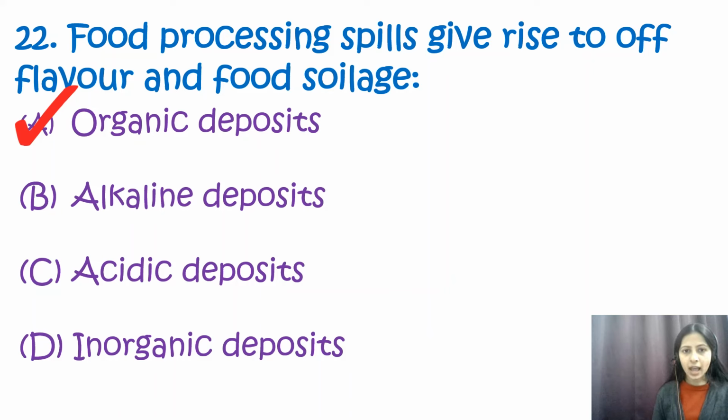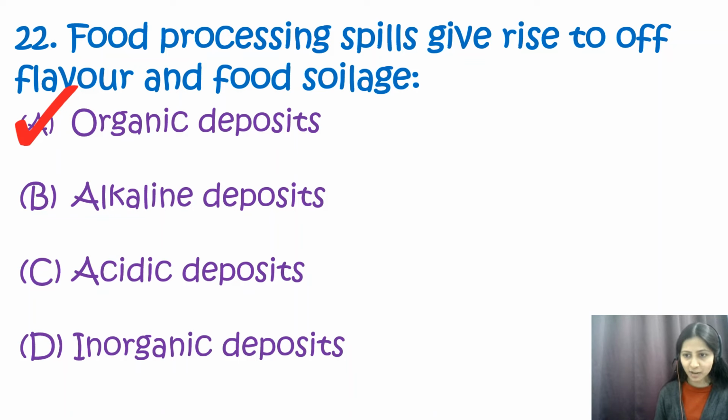Inorganic deposits are due to, for example, calcium, iron, and magnesium, and may cause scaling, corrosion, and discoloration of the food products if not properly removed. Here they are asking about off flavors and food spoilage, which is due to organic deposits. So the correct option will be option A, that is organic deposits.